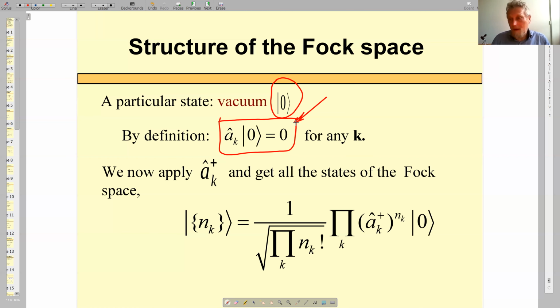Fine. We can create. We can apply this creation operator subsequently on all levels, and on each level we apply it n_k times, creating all the particles we need.